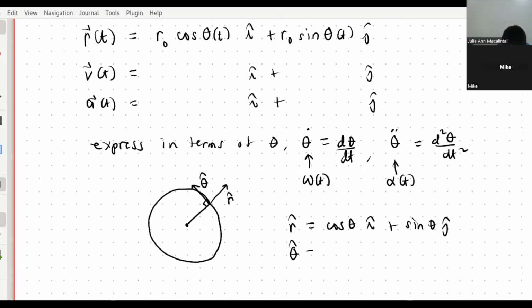And theta hat is, ito yung theta, this is 90, so this is theta. So yung x component is negative sine of theta, I hat, plus cosine of theta, j hat. Kaya, zoom out ko lang yun, no? Para makita yung next na isusulat ko.